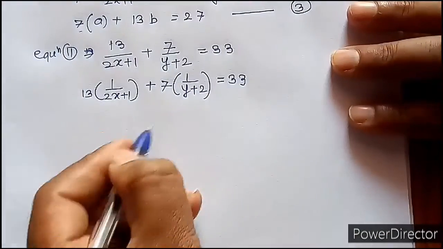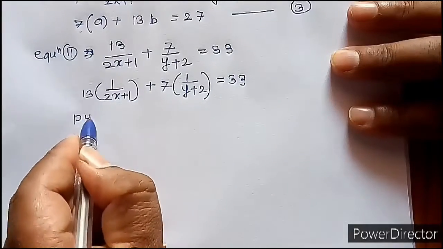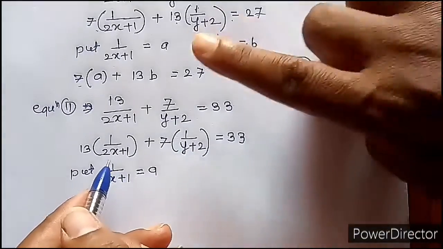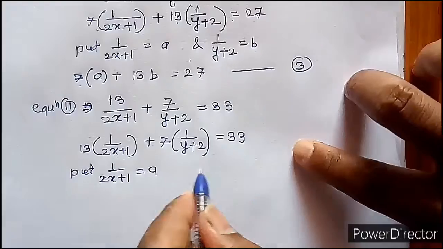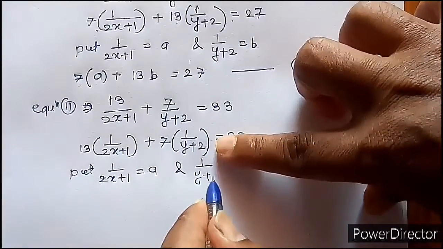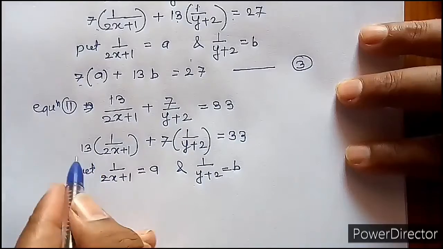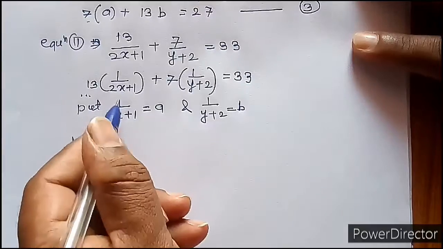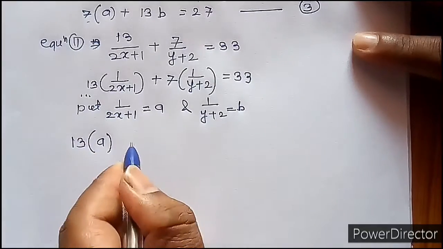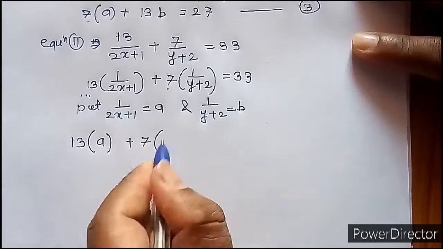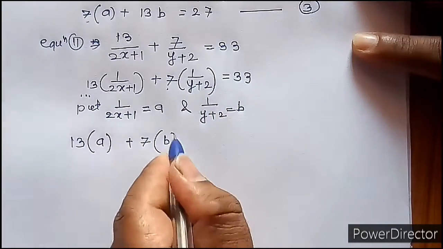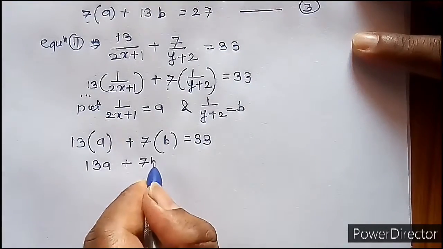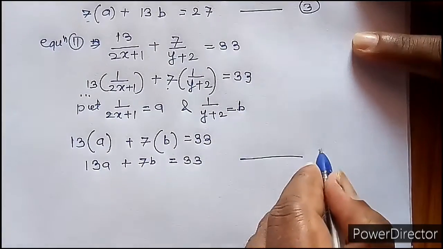Now here also put the same value, put 1 by 2x plus 1 equals to a and 1 by y plus 2 equals to b. Now this equation becomes 13 into a, 13a, plus 7 into b equals to 33. Here we get 13a plus 7b equals to 33. Write down this equation as 4.